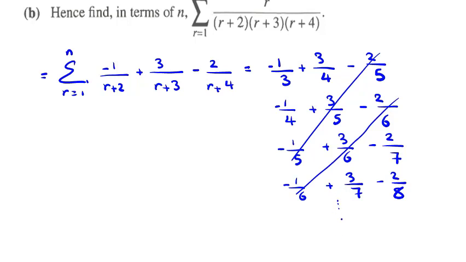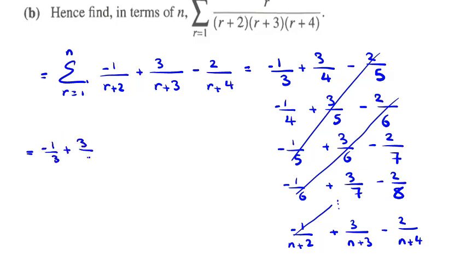And if we write until n, it will be negative 1 over n plus 2, plus 3 over n plus 3, negative 2 over n plus 4. So it will be cancelled, and if we calculate, we have negative 1 over 3 plus 3 over 4 minus 1 over 4. We have 3 terms that are left here.